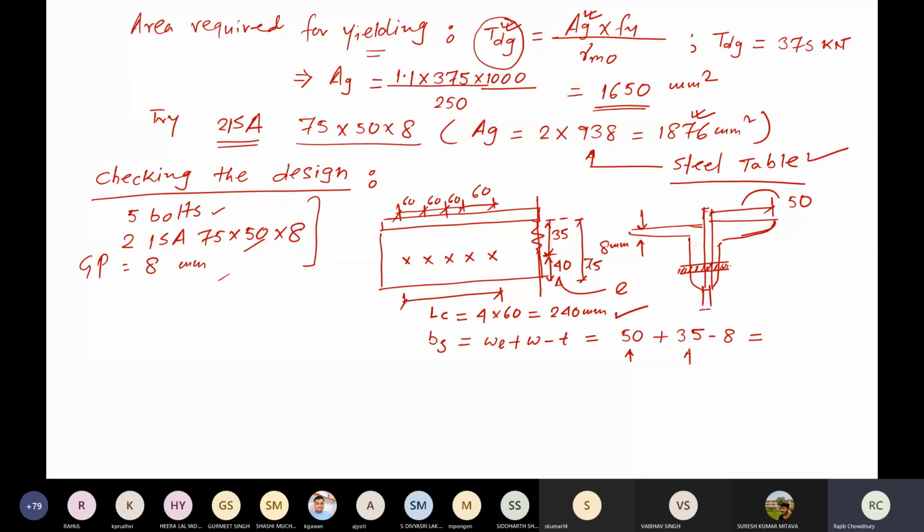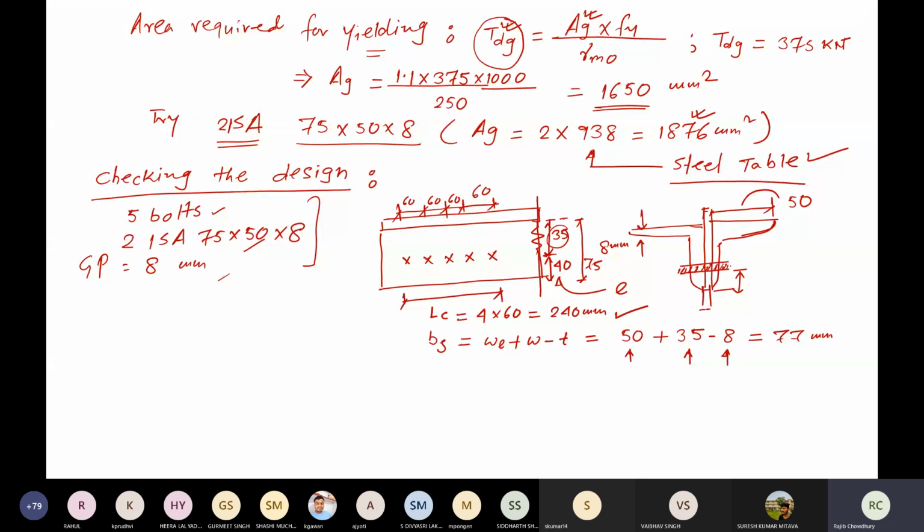What is 35? 35 is this distance, which comes after making the deduction from the edge or end distance, and this 8 is the thickness of the angle, which now becomes 77 mm.